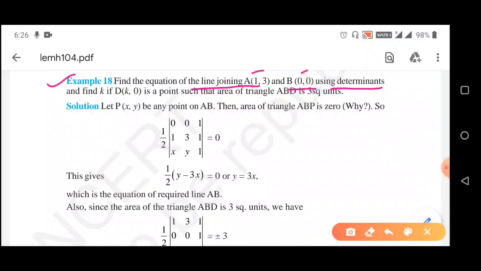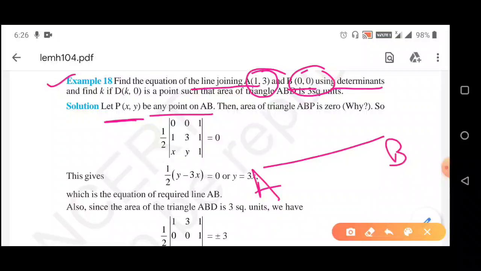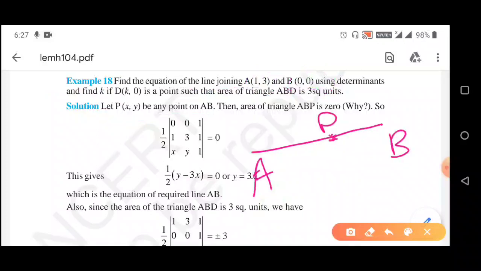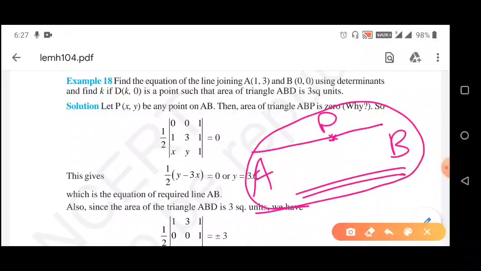Here we have only 2 points, this A and this B. So we will take another point. Suppose the point is P(x, y), be any point on AB. Since AB is a line and we are taking another point on AB, somewhere suppose it is P, the area of the triangle formed by these 3 points is 0 because these 3 points are collinear.